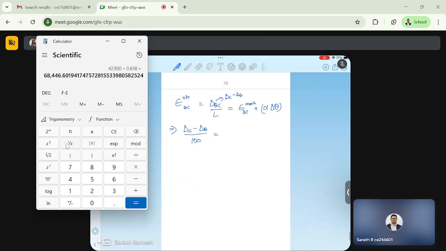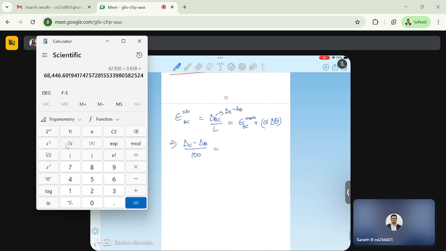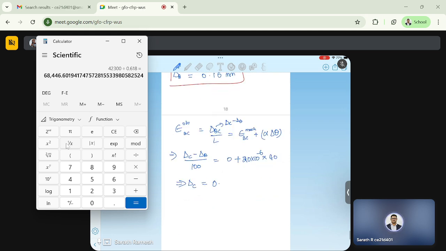Is there any mechanical strain in BC? No. Why? Because there is no load. So it's 0 plus alpha, 20 into 10 power minus 6, into 40. So delta C is what I need, equal to delta B, which is 0.16, plus 20 into 10 power minus 6 into 40 into 100.